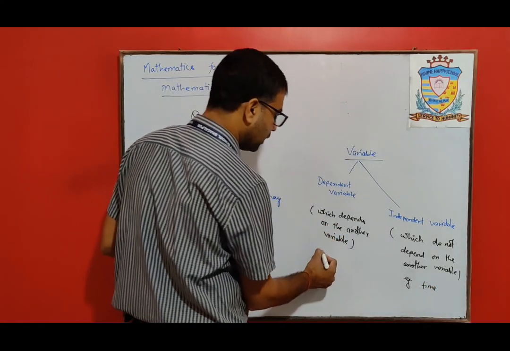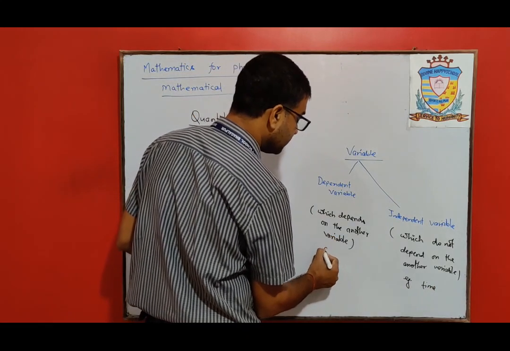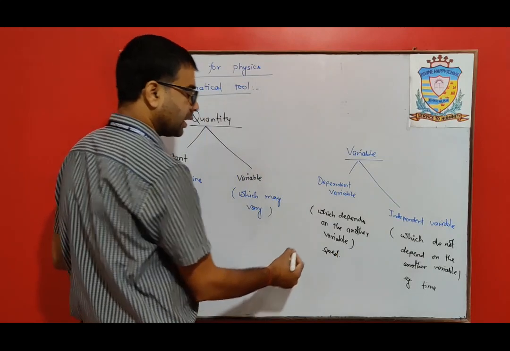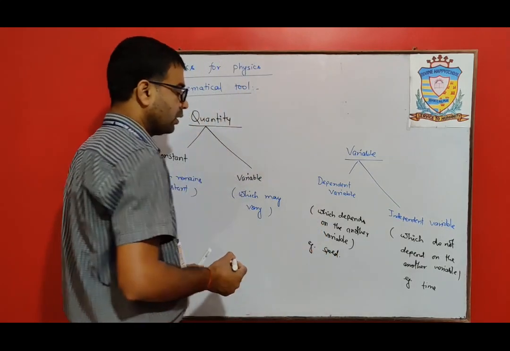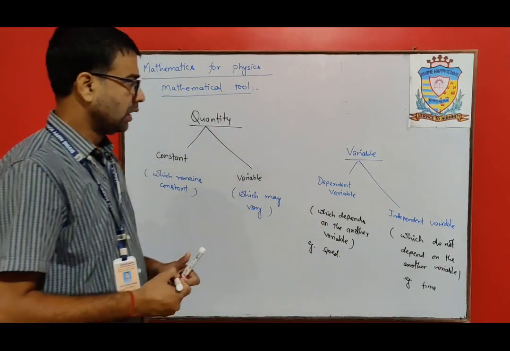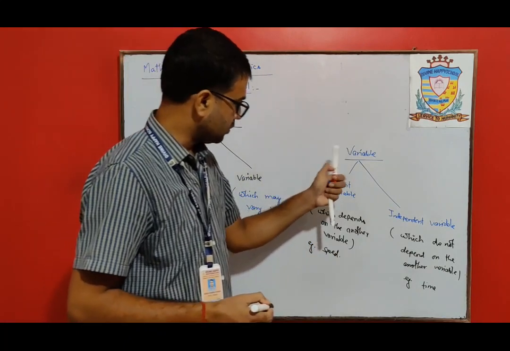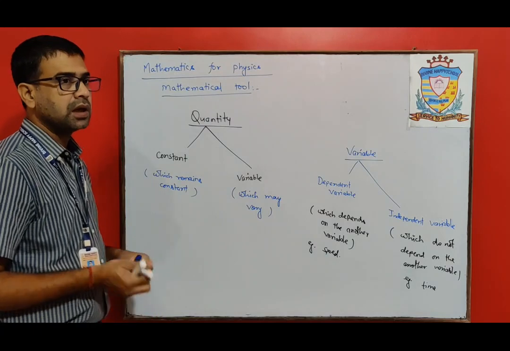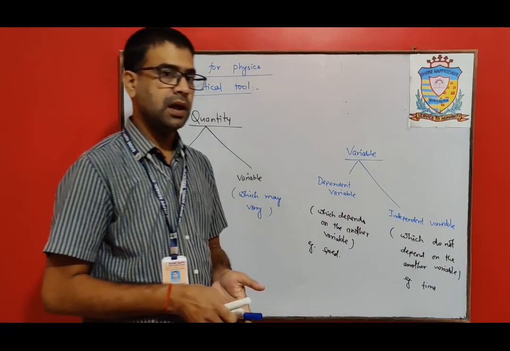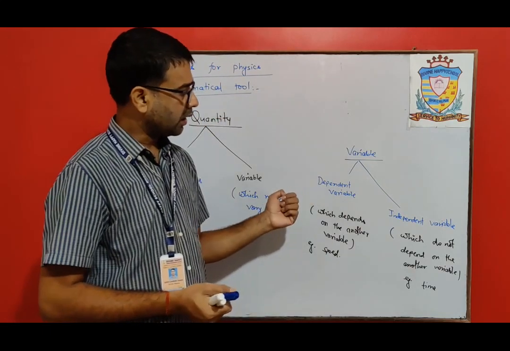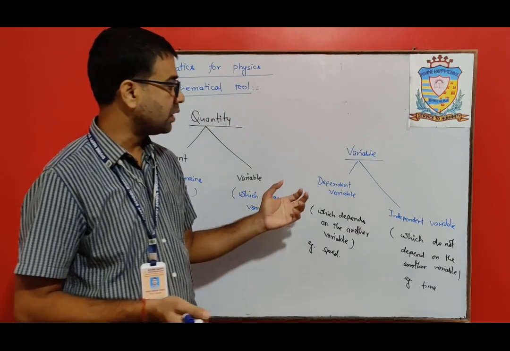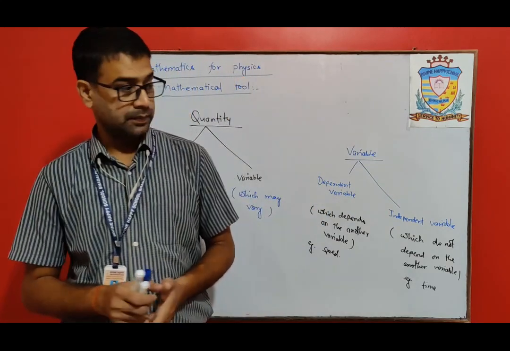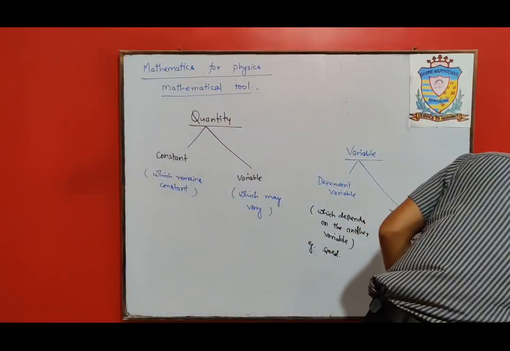And for example, speed: speed depends on the distance and time. So this is known as dependent and independent variable. So a quantity can be classified as constant and variable. Again, variables are classified in two groups. One is known as dependent variable, another is known as independent variable. Clear?